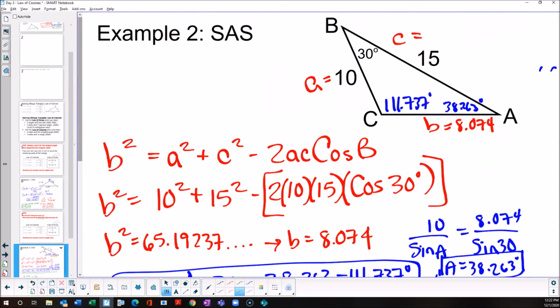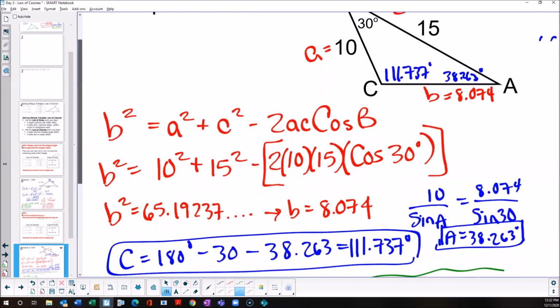Does that make sense? Because you're given these constraints of 15 and 10. Once you find B here, you have to do the next smallest side, or you're going to get the wrong answer for C. If C is going to be an obtuse angle, it's going to give you the wrong one.